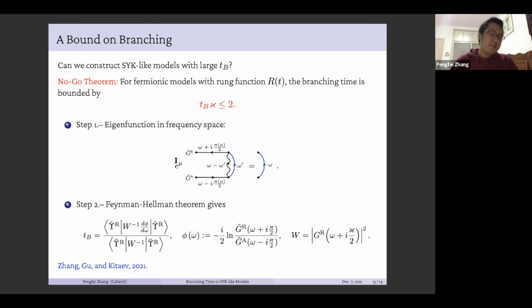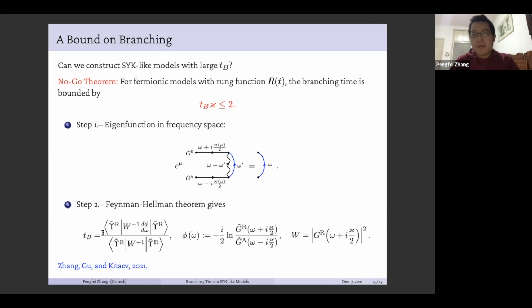The Feynman-Hellmann theorem says every time we want to take the derivative, we just need to take the derivative with respect to the explicit factor. So there will be a derivative with respect to this factor and also the factors of the retarded Green's function and the advanced Green's function.